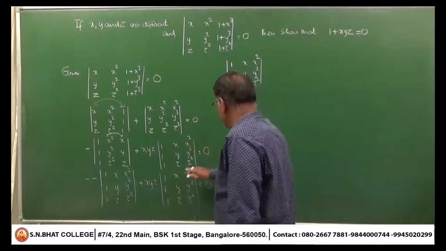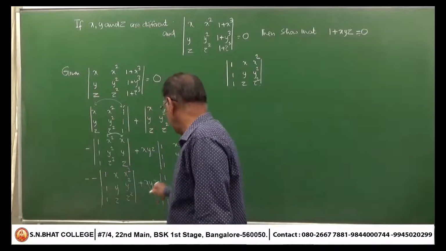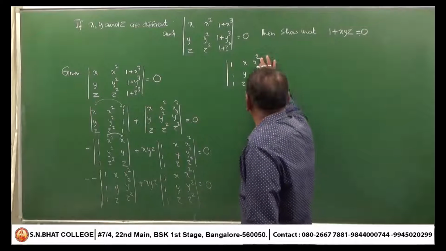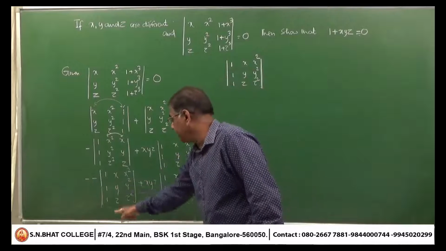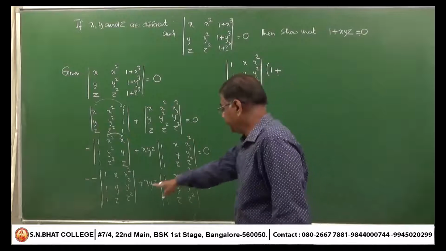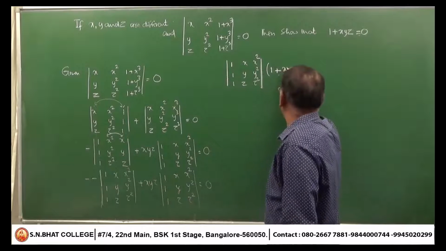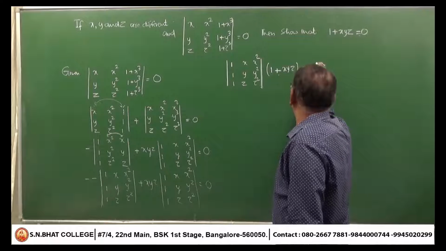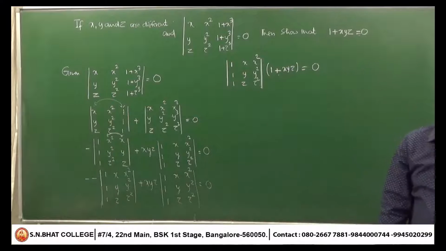I am taking the determinant as common factor. You are left with 1 plus xyz. Don't forget to write the right hand side 0.